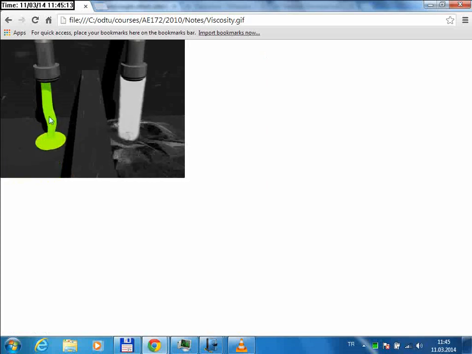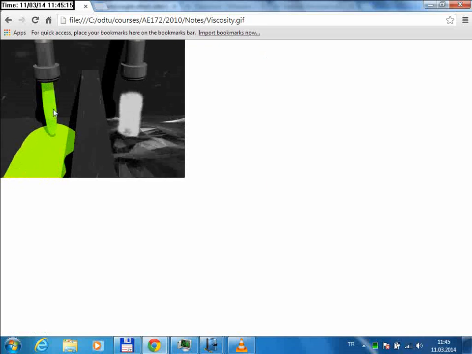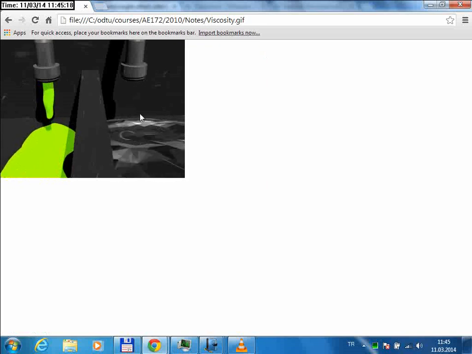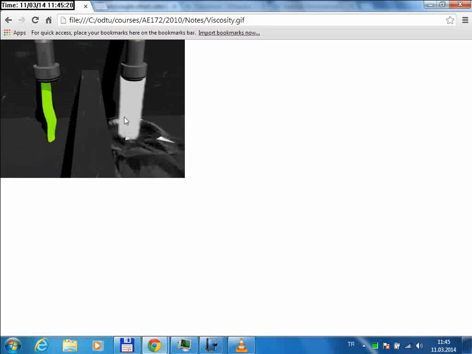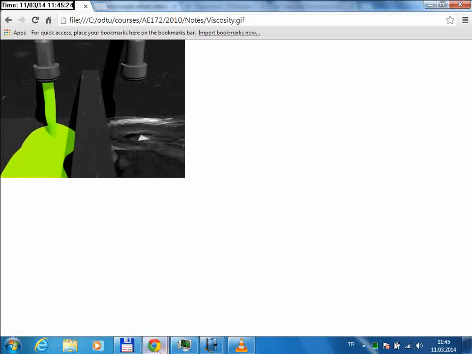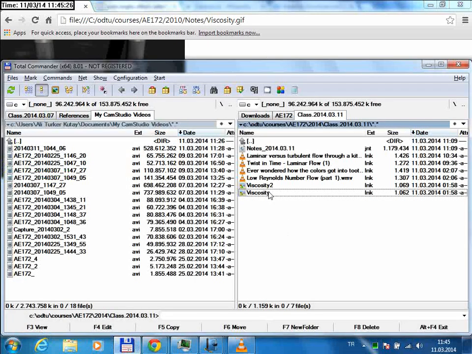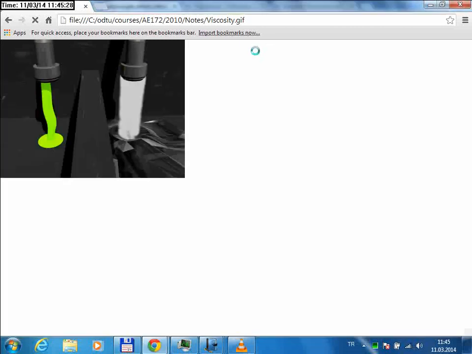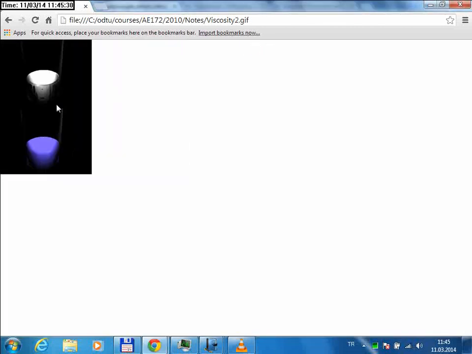The flow is much more smooth in this case, whereas in the other case it's rough. It's the turbulent case for this airflow. But let me show you another animation. I think this is even nicer. I wonder if I can make this bigger.